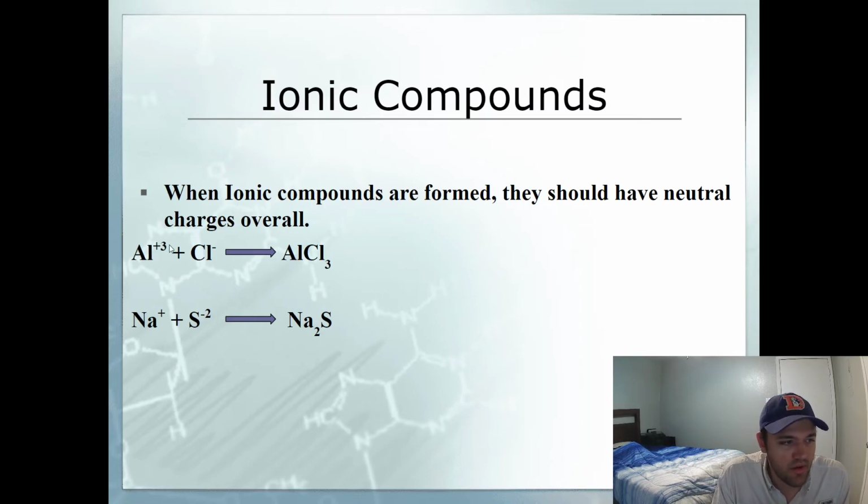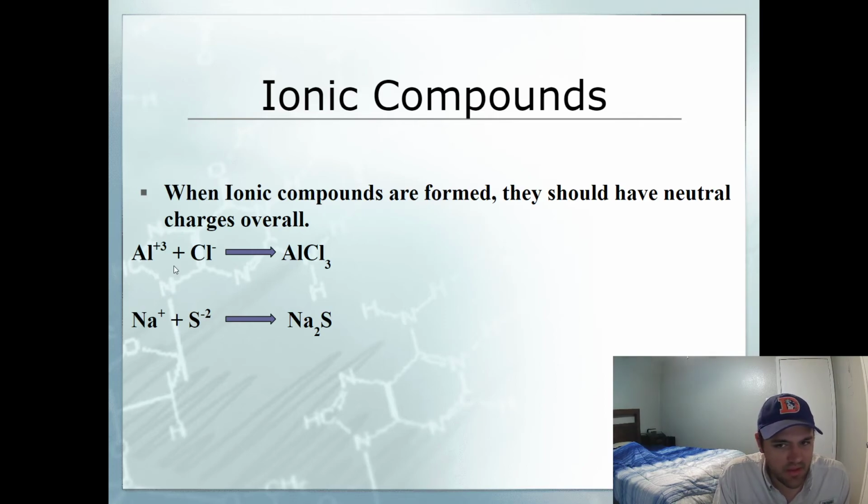The aluminum is +3, and they would balance each other out. Down here, it's the opposite direction, where the sulfur is a -2 anion, and your cation is only +1, so you need 2 of them in order to balance out the sulfur.